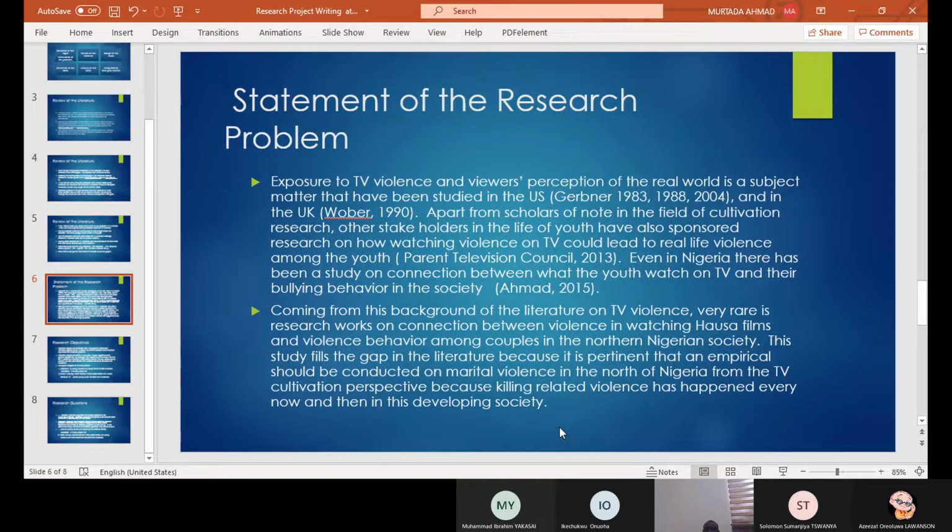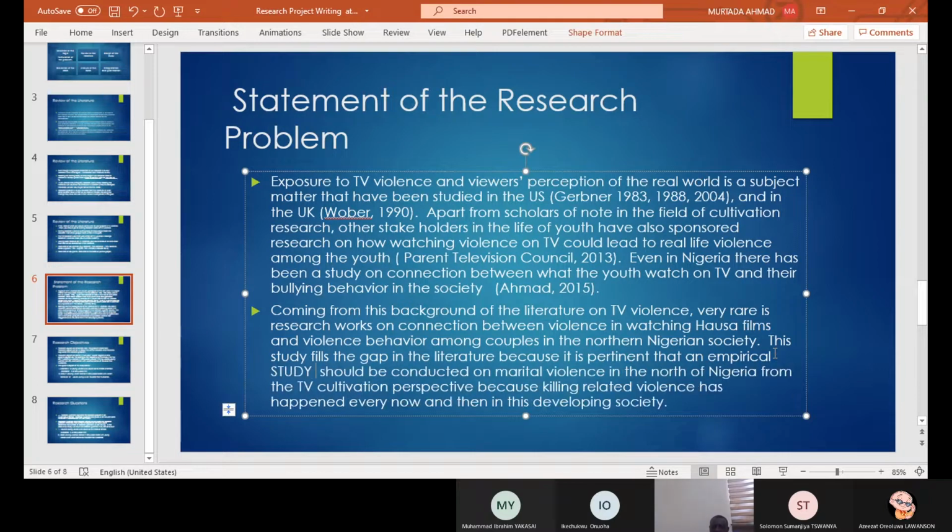You see, this study fills the gap in the literature because it is pertinent that an empirical study should be conducted on marital violence, violence in the north of Nigeria from the TV cultivation perspective, because killing-related violence has happened every now and then in this developing society.